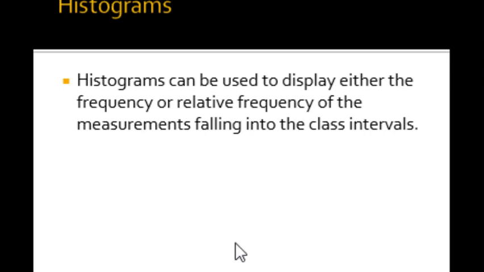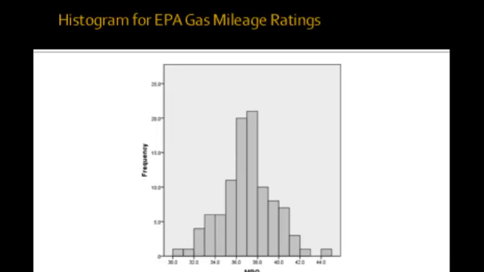Let's look at the third type of graph. It's called histograms. Histograms are used to display the frequency or relative frequency of the measurements which fall in each of the class intervals. Let's again look at a graph to see what the class intervals are and how we use them to draw the graph. This is the EPA data graph.